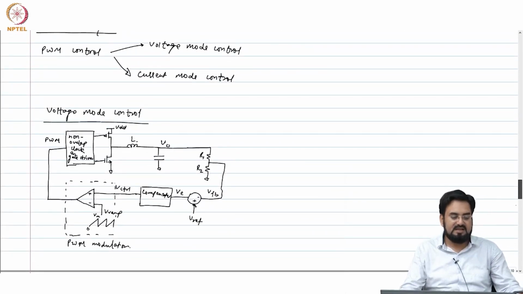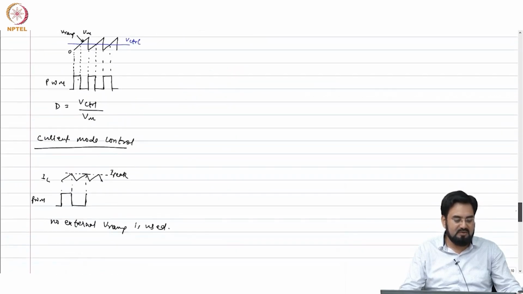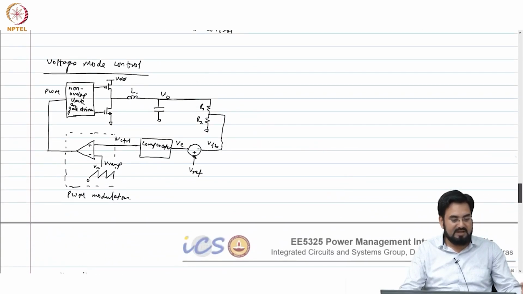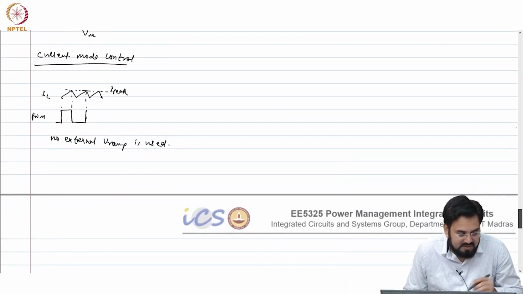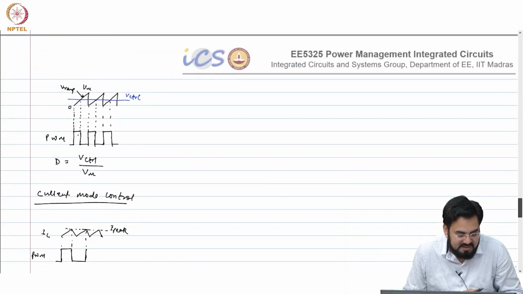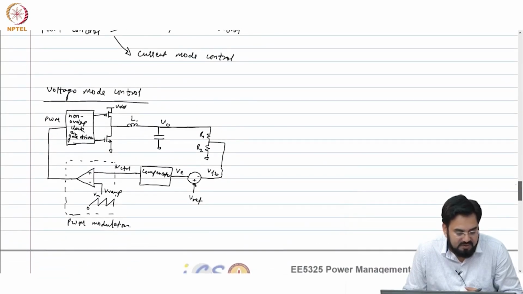That is why we prefer voltage mode over current mode for a wider range of duty cycle operation and load current. So, we will look into voltage mode in a little more detail compared to current mode. Compensation and everything we will do in detail for this particular voltage mode control.